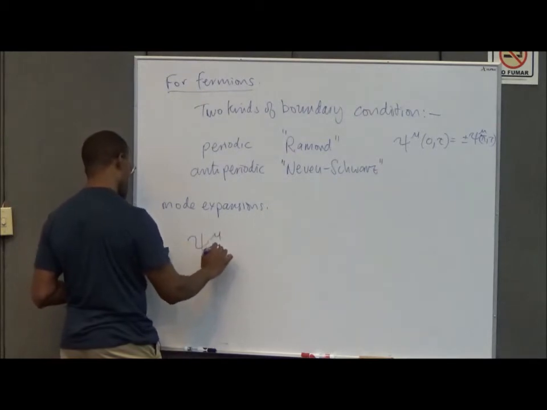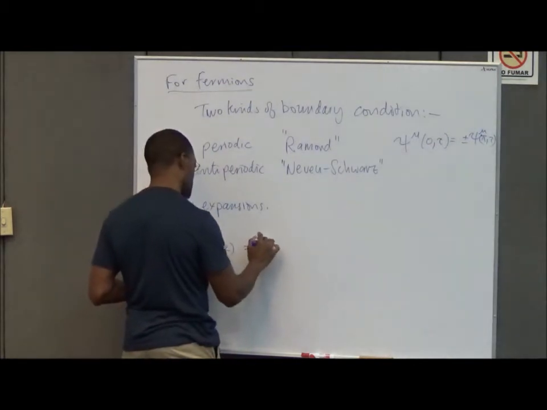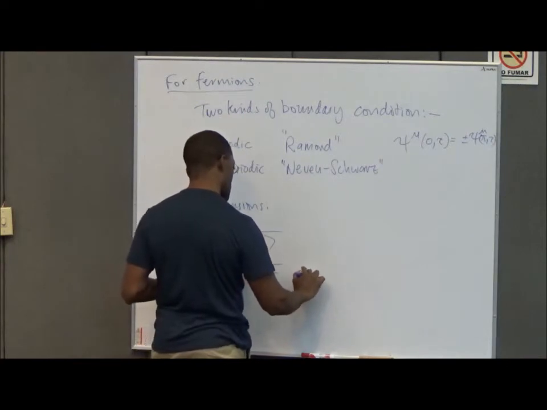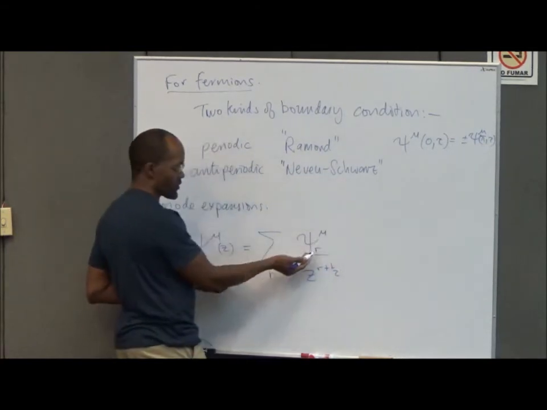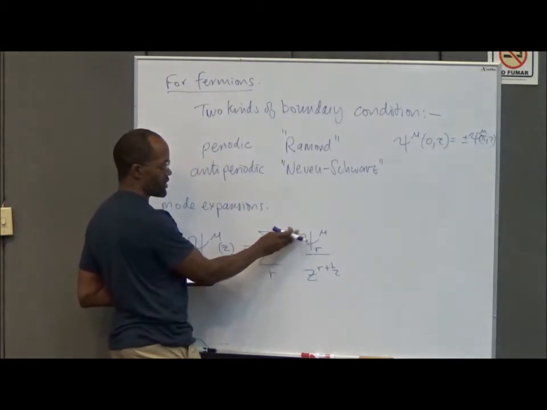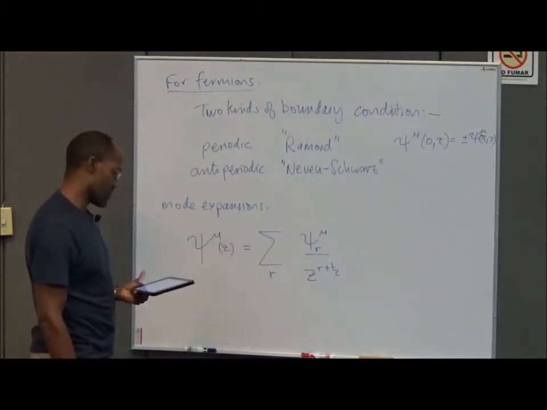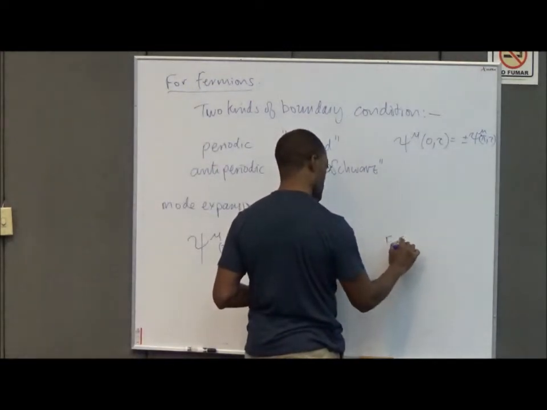I have psi mu of z or z tilde, something like this, where I'm using psi with a subscript to denote the modes for the psi, which is a little bit of a redundant notation, but hopefully won't be too confusing.